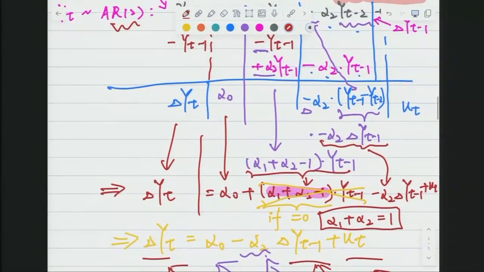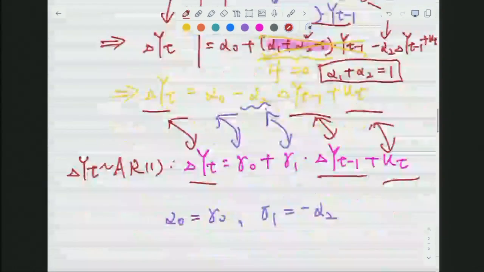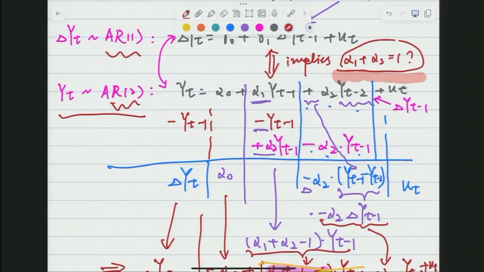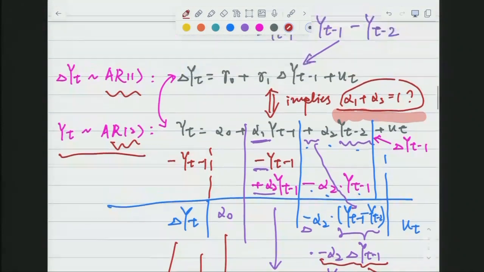Basically, this is the same as what we have just established. So we say that if yt follows an AR2 and the first difference follows an AR1, there must be a unit root in yt.